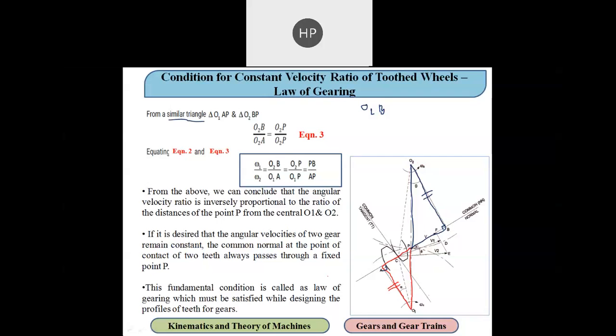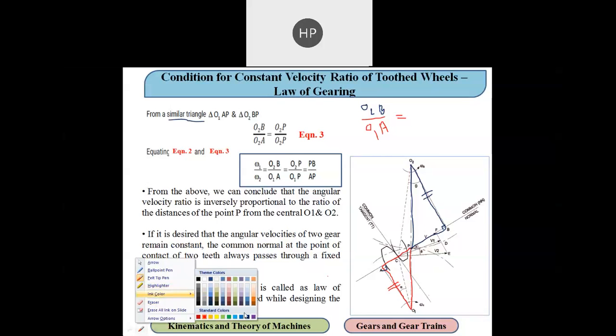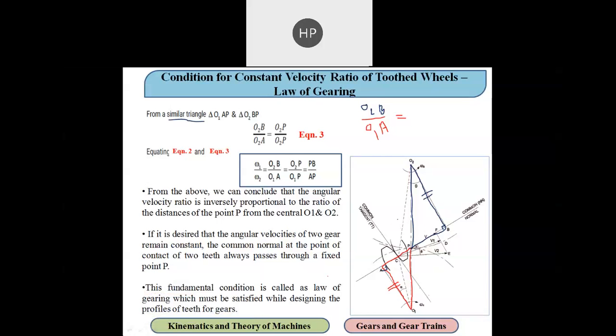Okay, this line of this triangle will be in similarity with this triangle. So divide by O1A is equal to O2P, meaning this line.